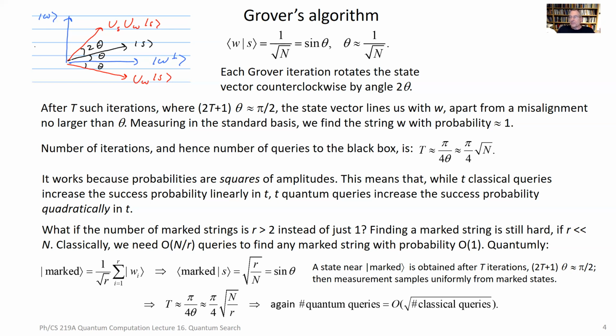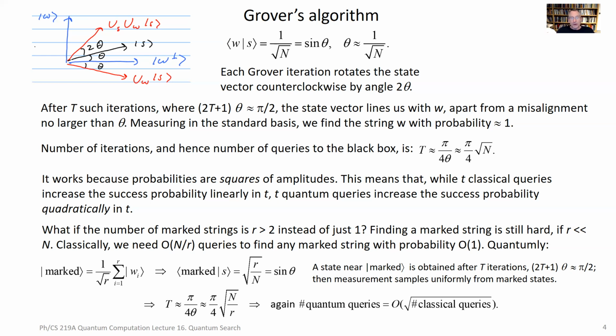There altogether are r marked strings out of N. And in order to have some constant success probability for finding a marked string, classically, I'll have to query a number of times that scales like N over r, because the probability, every time I make a random query, of finding a marked state will be r over capital N. But quantumly, we can speed things up.